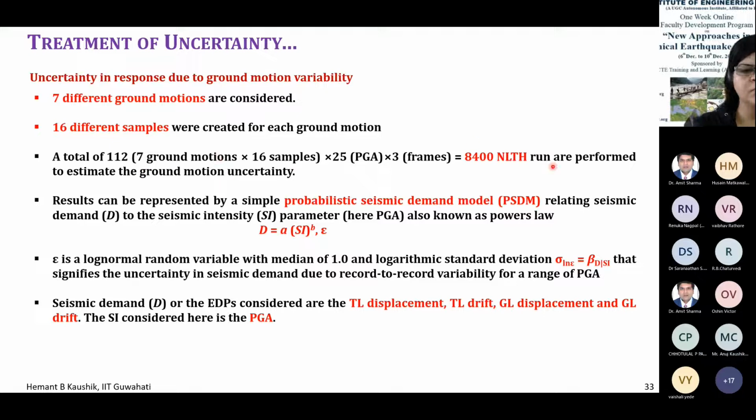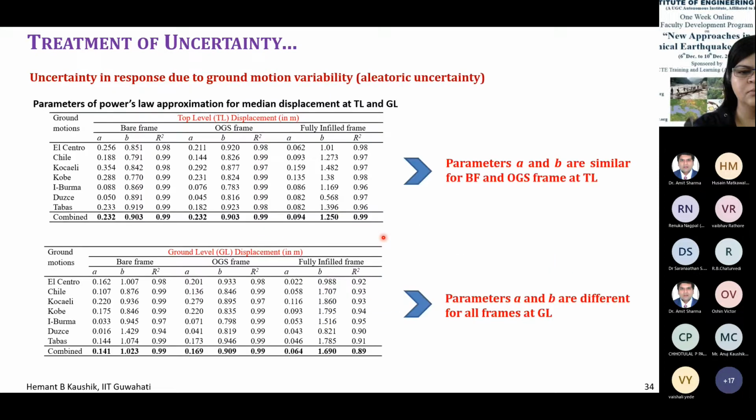So these many analyses were carried out, and we used a probabilistic seismic demand model. This demand model was used to estimate this A and B value for a particular seismic intensity, which is PGA. Okay, so we use this power law, and I'll not go into too much detail here, but this is the kind of output that we get for different ground motions.